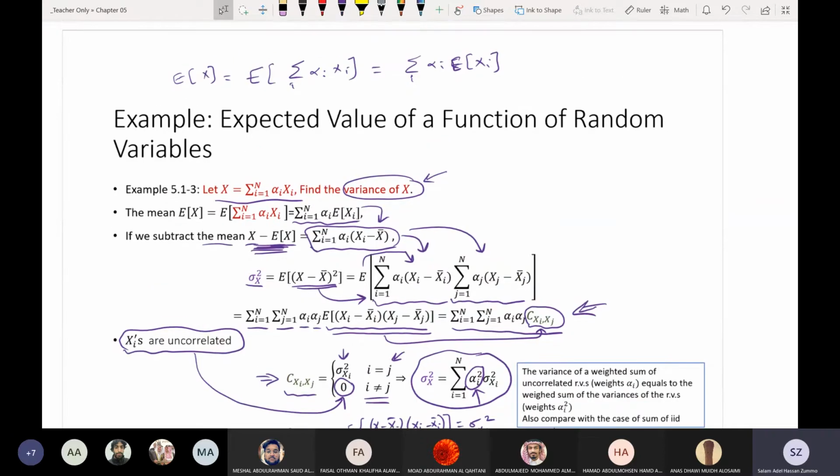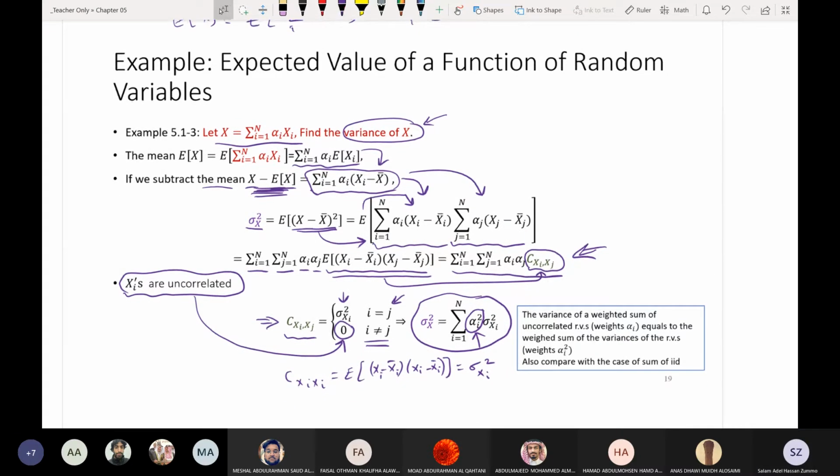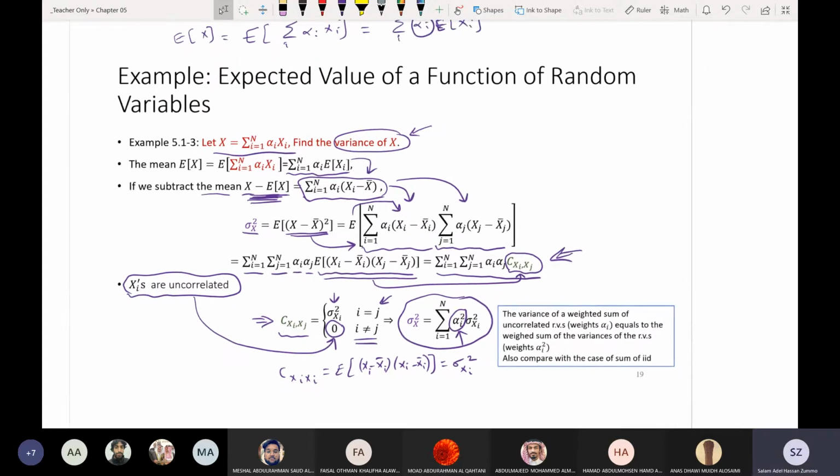In the expectation it was alpha i, here alpha i squared. Okay, شباب? So if I'm summing uncorrelated random variables, then the variance of the sum, which is the summation of multiple random variables, is equal to the weighted sum of the variances.